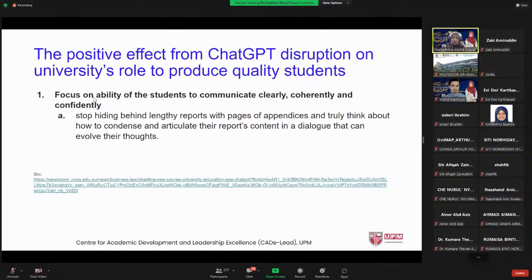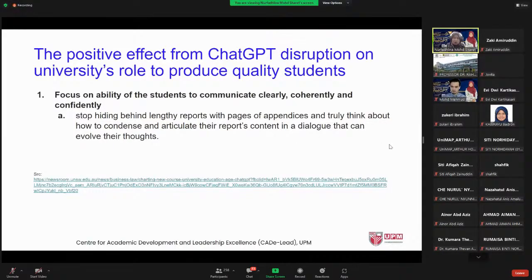First, now it is more important than ever. It's very pertinent that we focus on producing students who are able to communicate clearly, coherently, and confidently, and not just let them hide behind lengthy reports, which we cannot even ensure they are the person who has written.